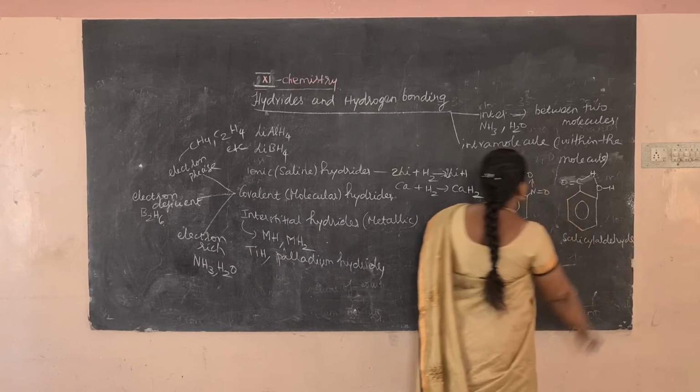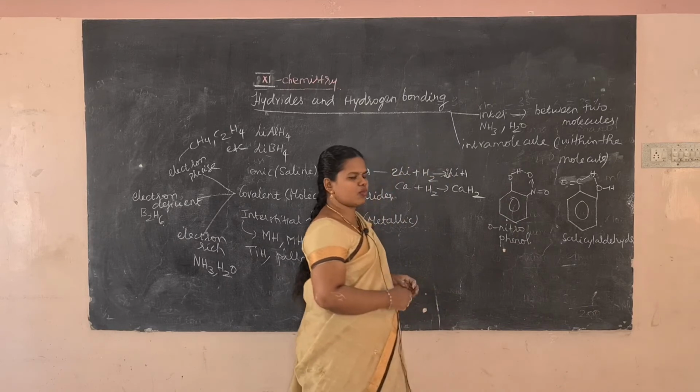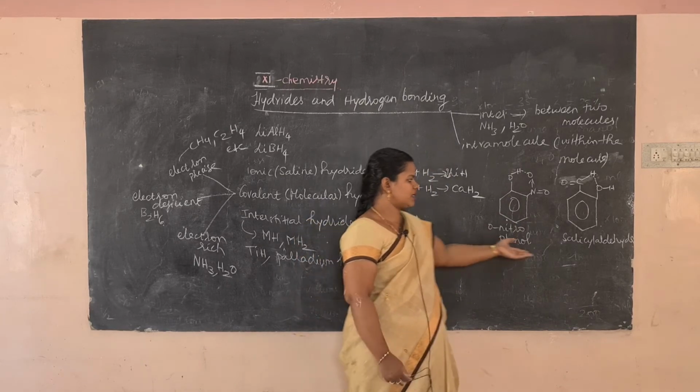So the examples for intramolecular hydrogen bond are orthonitrophenol and salicylaldehyde.